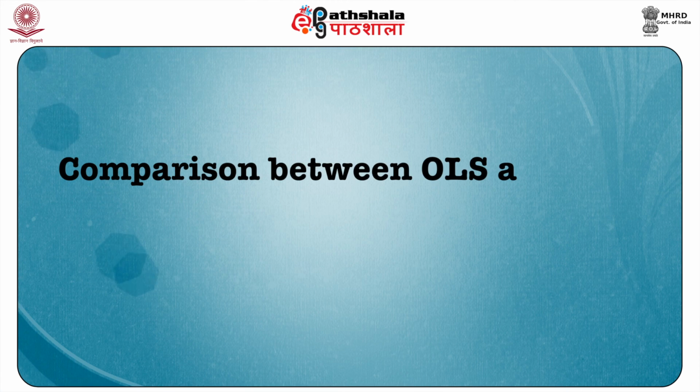Therefore, as we have already discussed, the ML estimators are exactly the same as the OLS estimators under the normality assumption. Therefore, they possess properties similar to those of OLS estimators. Comparison between OLS and ML estimators. Under the assumptions of the linear regression model stated in module 1, we have proved that OLS estimators are BLUE.